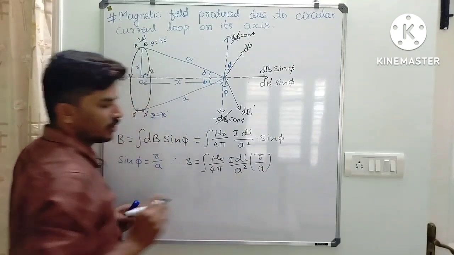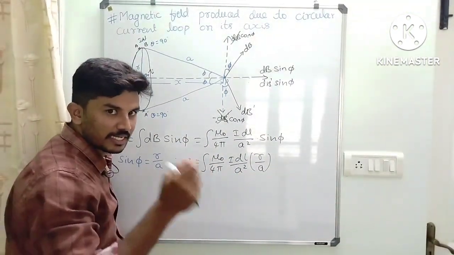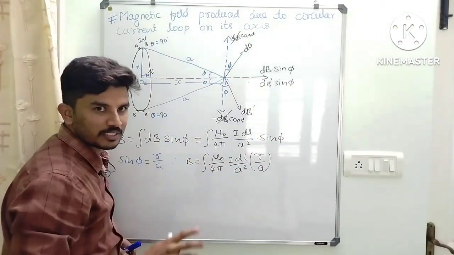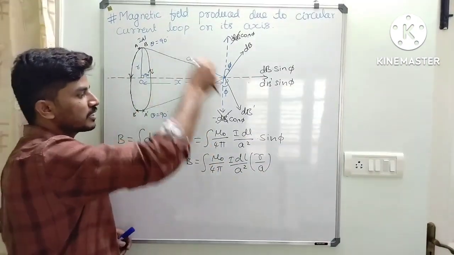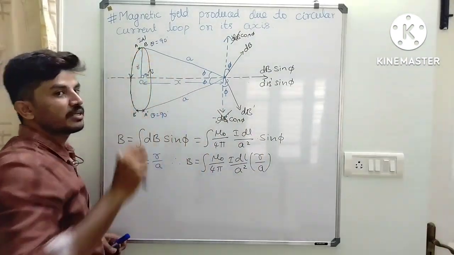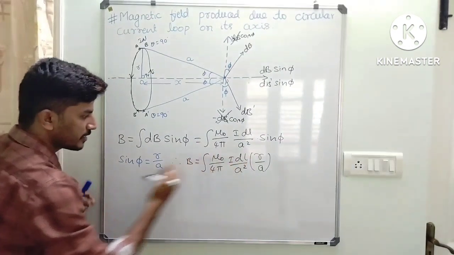So solve this. Look at this. Here mu naught by 4 pi is constant. Let us consider the current through the loop is constant. a square into a is a cube, that is also constant, and r is the radius of the loop, that is also constant. Let me take out all the constant terms outside.